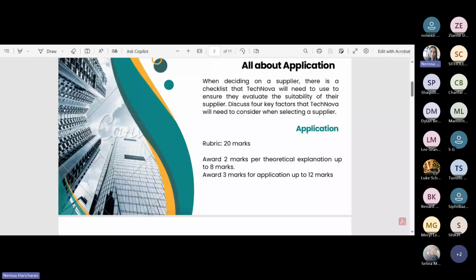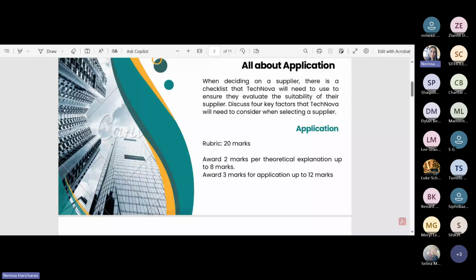When you talk about applications, your application will be 3 marks per key factor, so that gives you a total of 12 marks for all 4 key factors. For your 3 marks, you're going to speak specifically on Technova and why Technova chose that specific supplier.